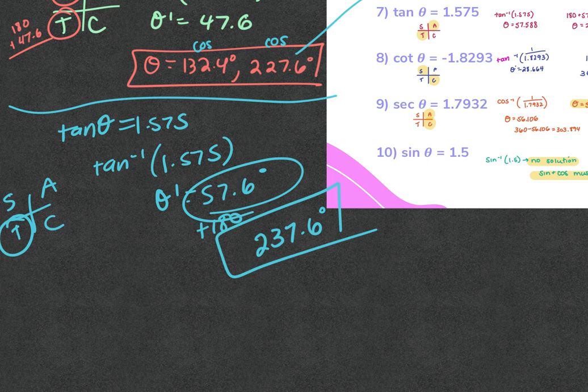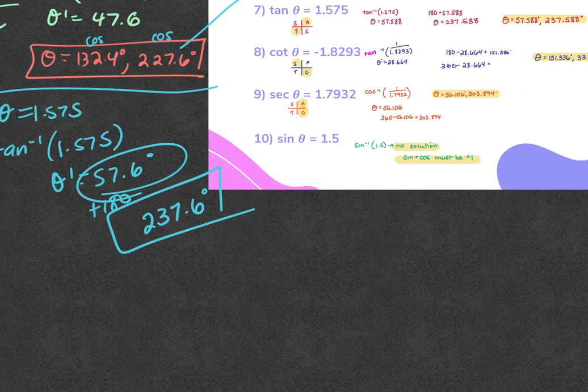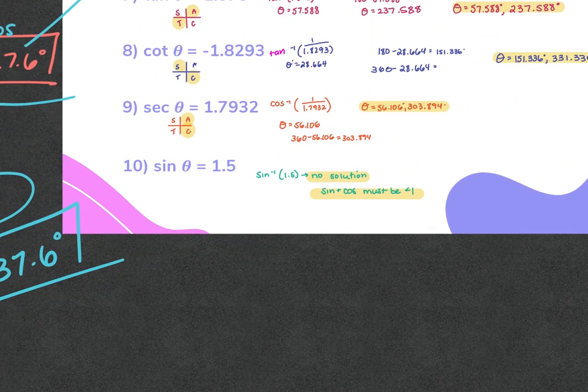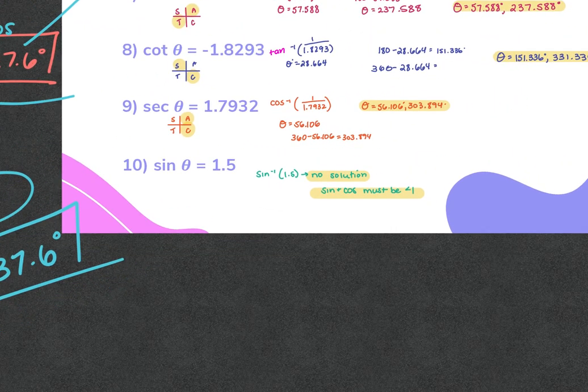Number 8 is cotangent. So this is where there are two things that are different. First of all, in order to actually find the value, I don't do 1 over tan -1. The -1s never go in the denominator. I do tan -1 of 1 over 1.8293, and I make this positive.